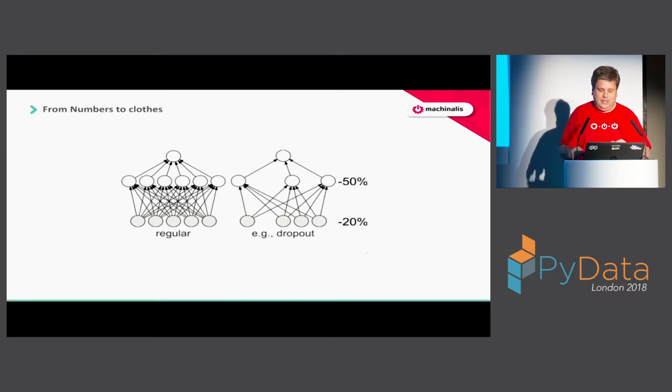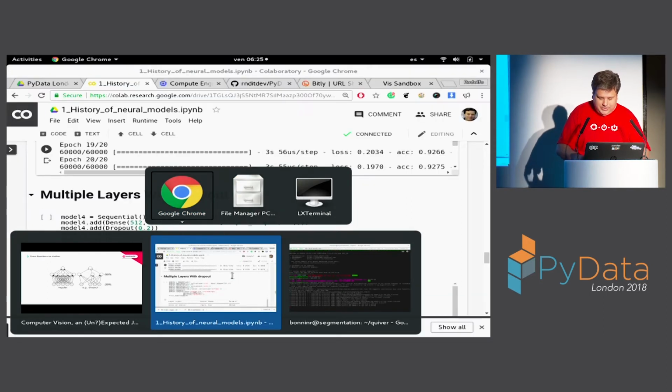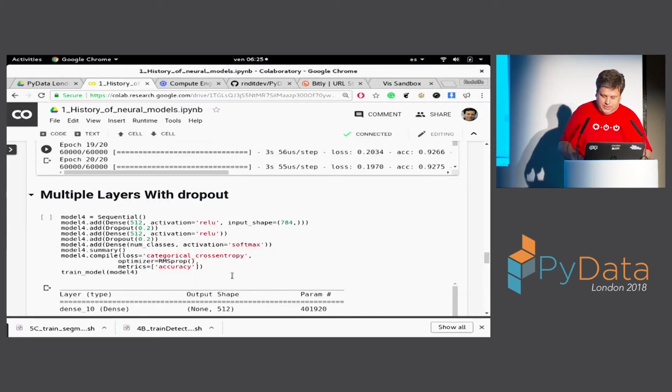Well, the effect of this dropout mechanism is like shaking the error surface in some way. That's just a figure for you, and it helps us get to the minimum of the error. It's not liked by every researcher in the world, but in some cases it works.